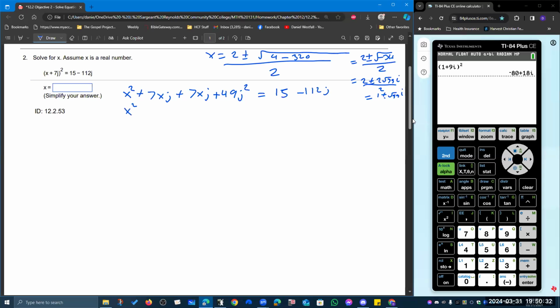So x squared plus 14xj minus 49 is equal to 15 minus 112j.